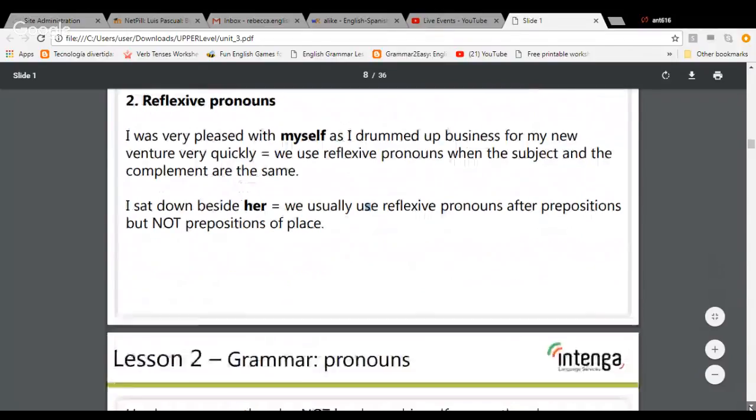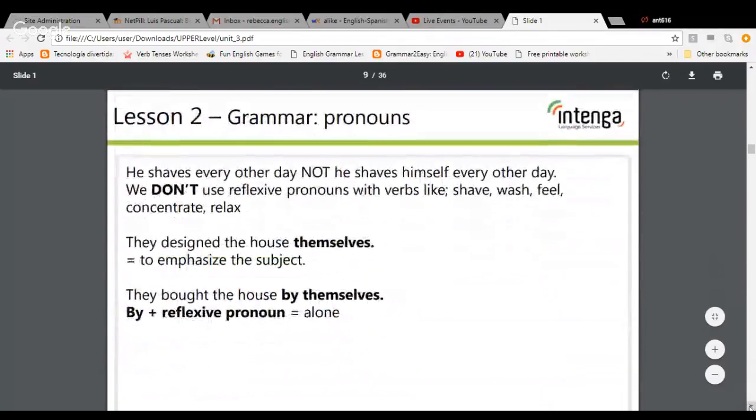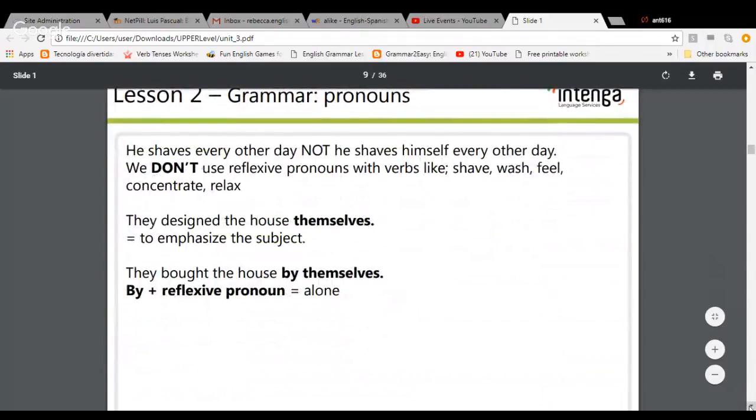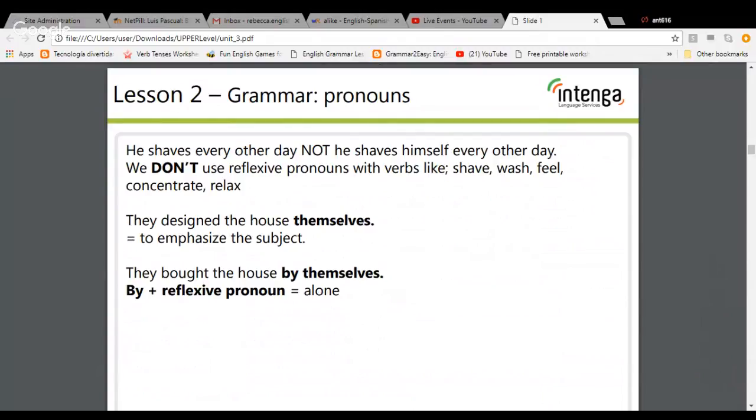Yes. All right, let's see here. Okay, so if you want, you can go ahead and read these examples here, okay? All of them. He shaves every other day, not he shaves himself every other day.